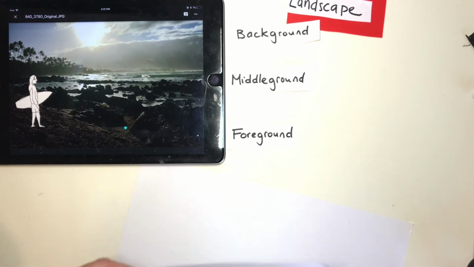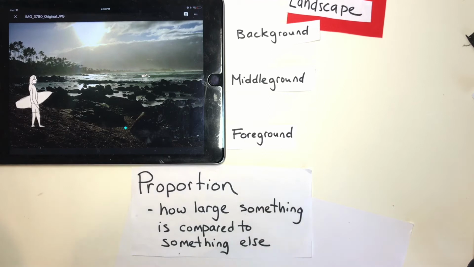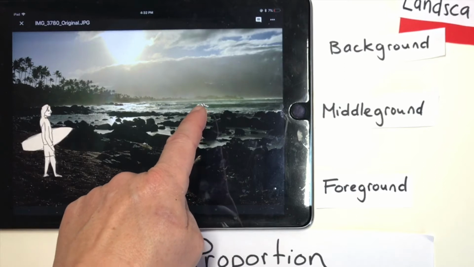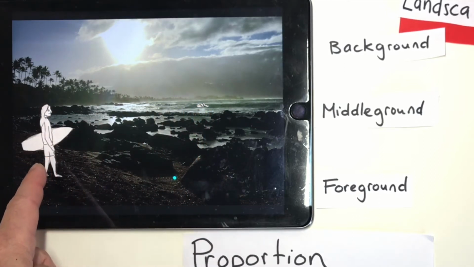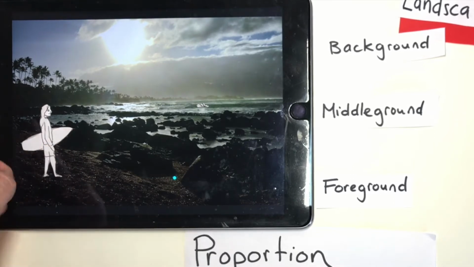When we are drawing, we want to be careful about proportion, how big something is compared to something else. This person is smaller and farther away. This person here is closer, and so it looks larger.